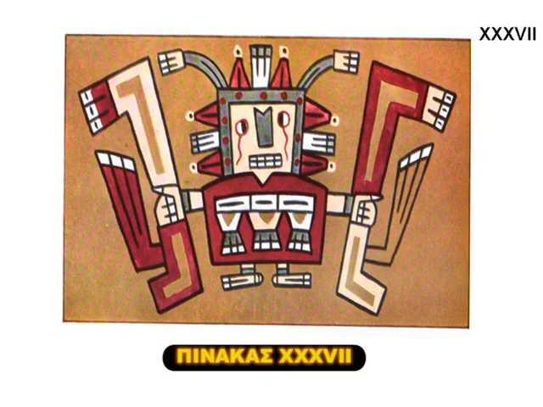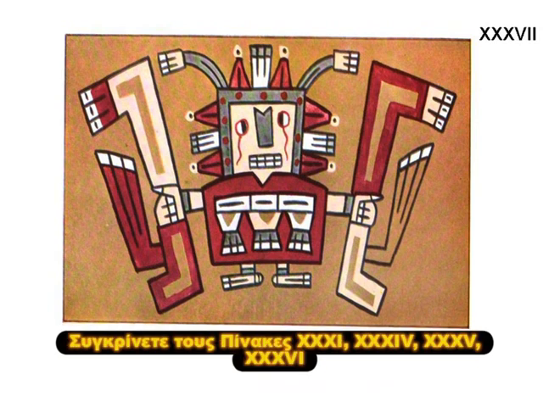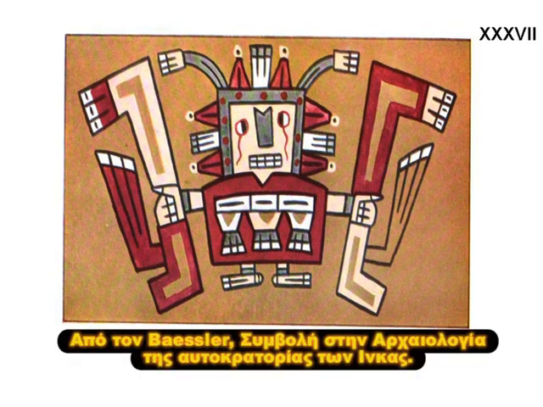Plate 37. Vase painting of the sky god, Tiahuanaco style, from Pachacamac. Compare plates 31, 34, 35, 36. After Baessler, contributions to the archaeology of the Empire of the Incas.